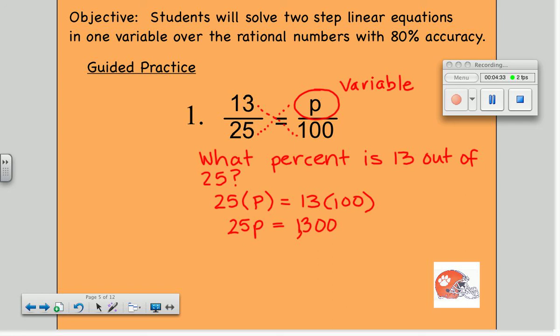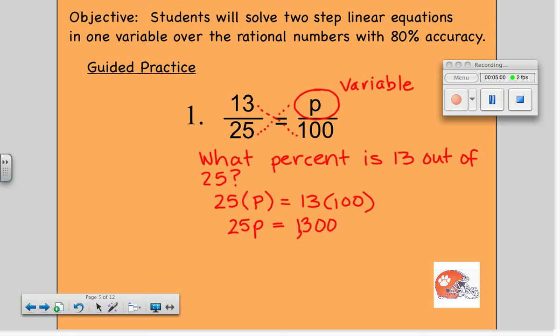Now I'm solving for the variable P. So now this is the second step. You've already done the cross multiplication. That was the first step. The second step now is to divide. We're dividing because 25 is being multiplied by P. That's multiplication. If we want to get that P isolated by itself, we need to do the opposite, or the inverse, of multiplication.